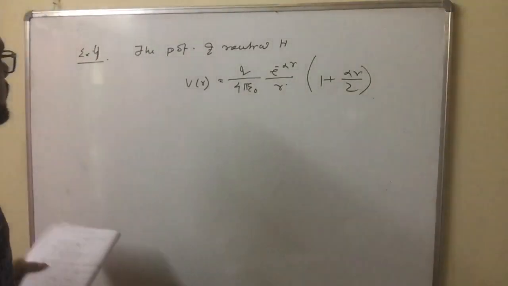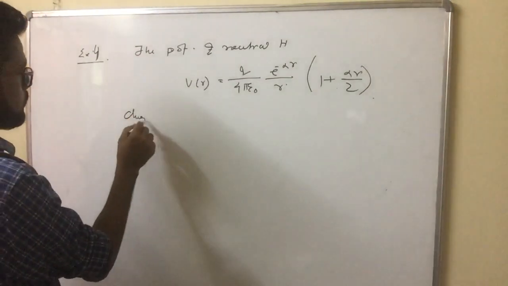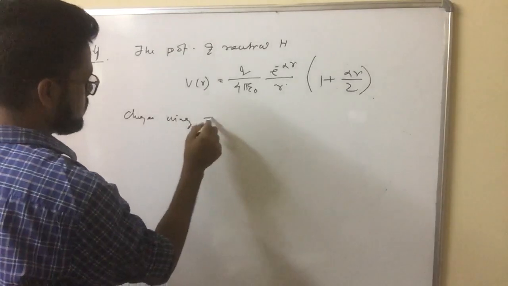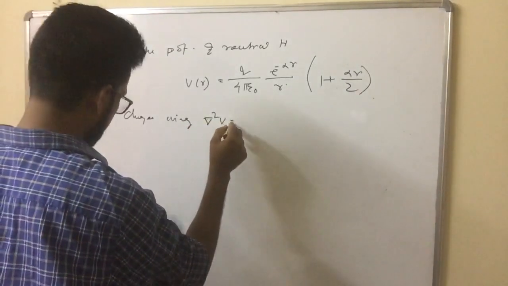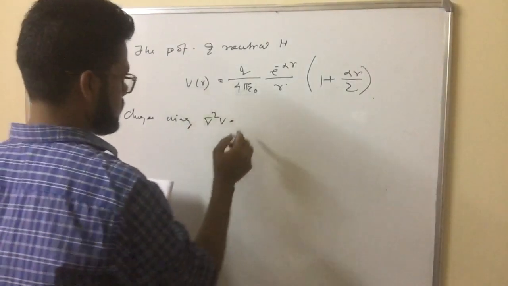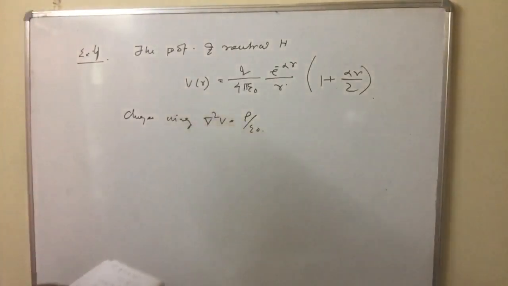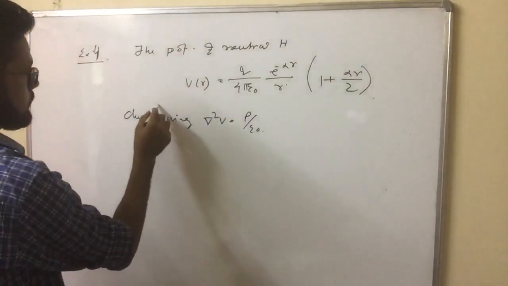Calculate the charge density using del squared V equals minus rho by epsilon naught.